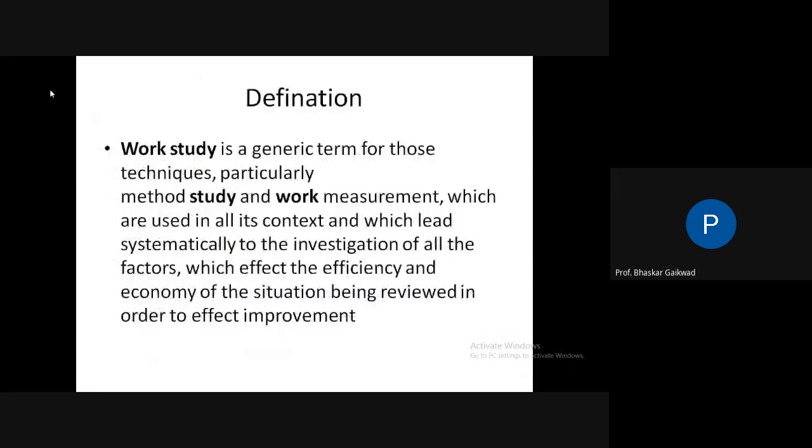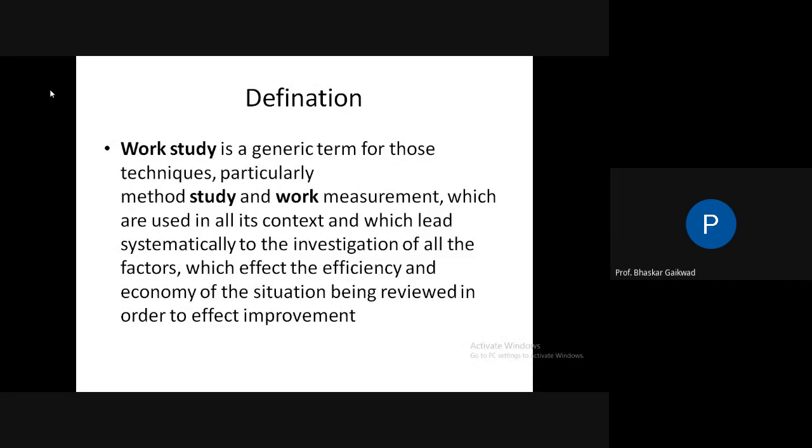So up to this, we studied industrial engineering. The very simple thing is that the total introduction of industrial engineering depends upon only three words: cost, production, and productivity. Reduce the cost, increase the production, and increase the productivity. This is the total summary of the previous introduction to industrial engineering.